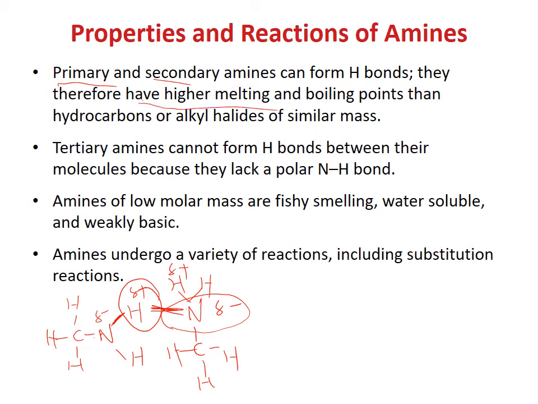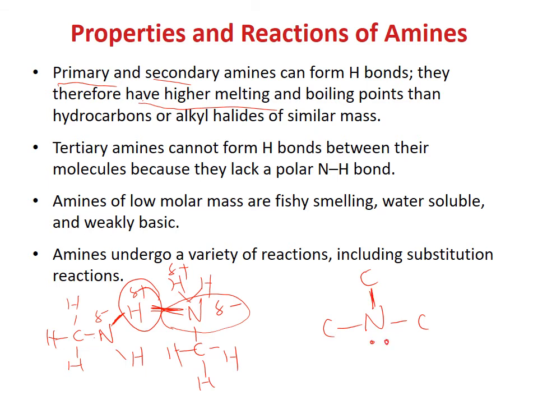Now, due to the hydrogen bond, amines have higher melting points and boiling points than hydrocarbons or alkyl halides of similar mass. On the other hand, a tertiary amine has nitrogen attached to 3 carbons. Nitrogen can only form 3 bonds along with a lone pair of electrons.